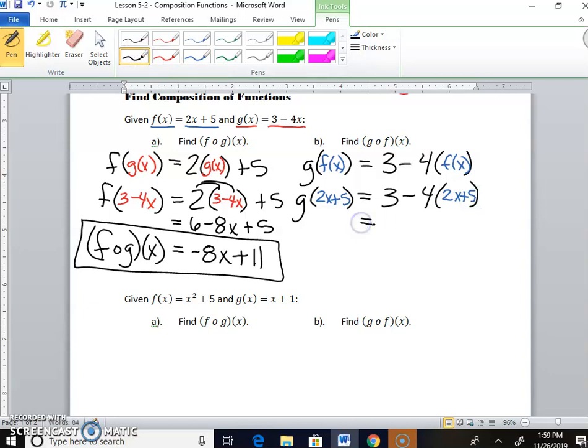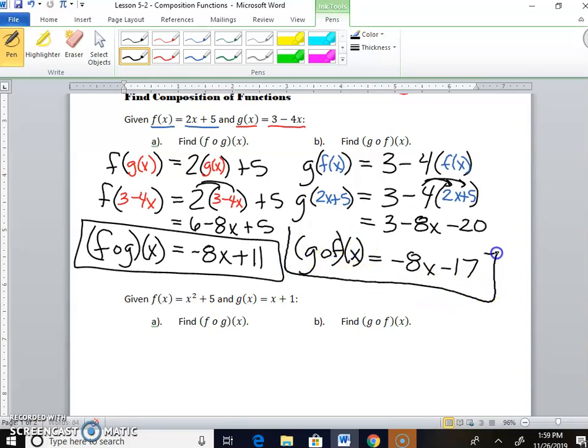Then we're just going to simplify on the right side there, distribute in my negative 4, so that's 3 minus 8x, and then negative 4 times 5 is going to give me a negative 20, and I end up with negative 8x minus 17. So g open circle f of x is negative 8x minus 17. Okay?